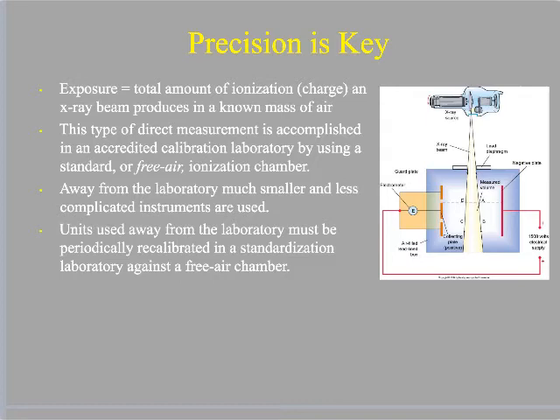It's a direct measurement, and it has to be done by an accredited calibration laboratory, right? When we're away from the laboratory, which is all of us every day working in the hospital, we're going to work with instruments that have been calibrated based off of the closest laboratory, right?